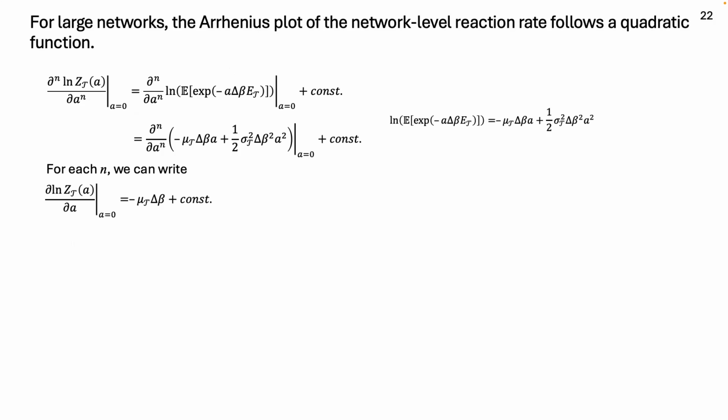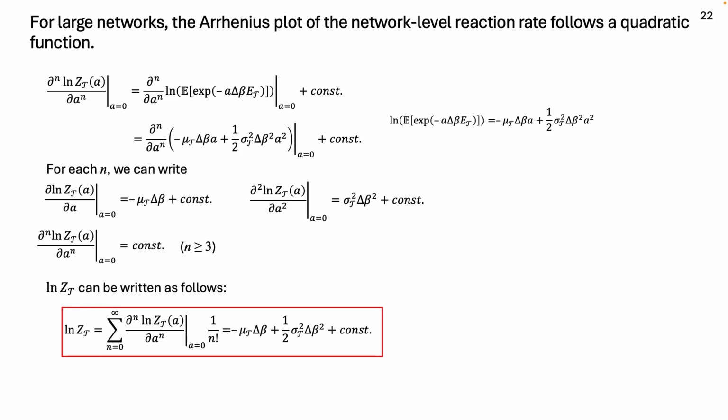For n equals 1, this term is a linear function of inverse temperature. And for n equals 2, it is a quadratic function of inverse temperature. And for n larger than 3, the partial derivative is 0. It's constant. It's not temperature dependent.